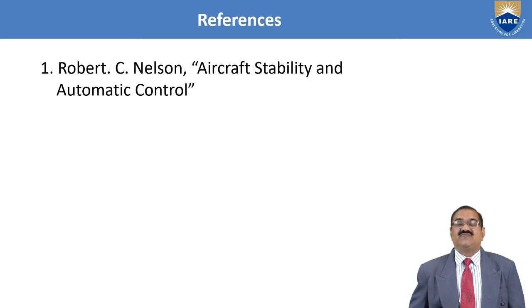So these things we have come to know, and I hope they will be very useful for understanding the real physics of aircraft flight, especially related to aircraft stability and control, and how it affects the real dynamic stability of the aircraft.